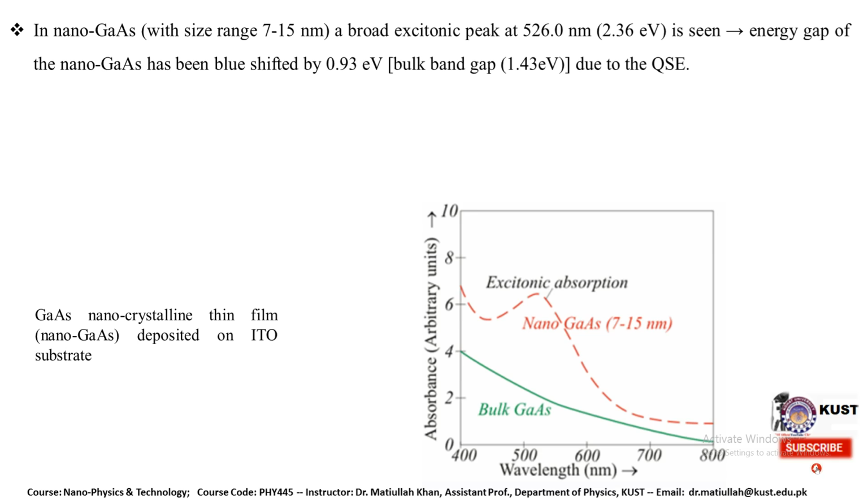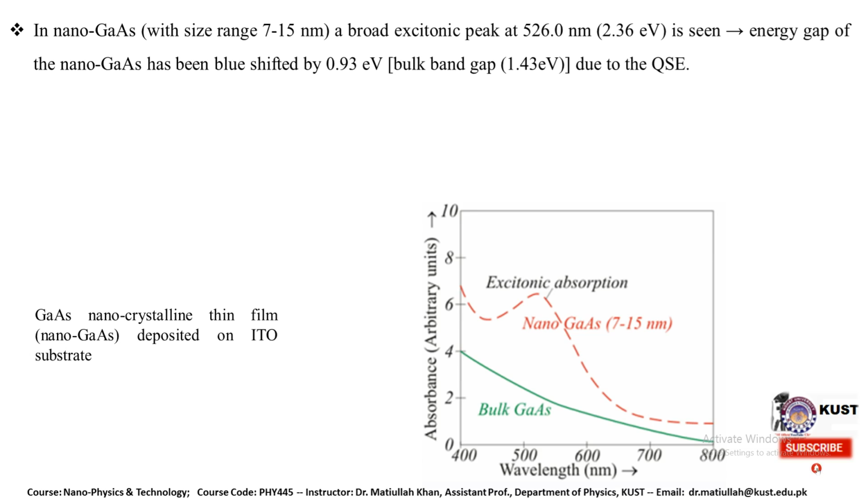It is possible because the energy gap of the nano GaAs has been blue shifted by 0.93 electron volt, but actually the bulk band gap is 1.43 electron volt, due to the quantum size effect. So here we can see how there is a great effect in that.